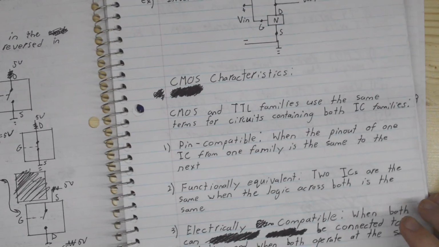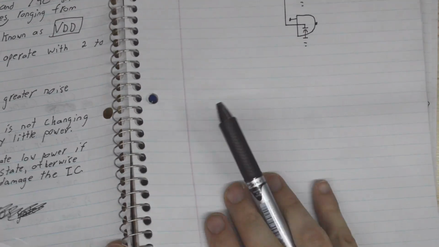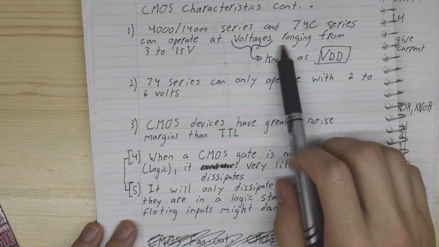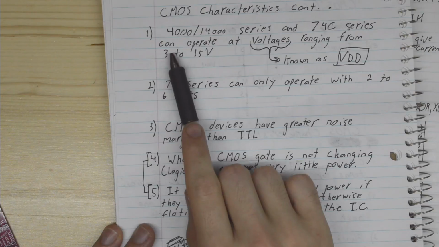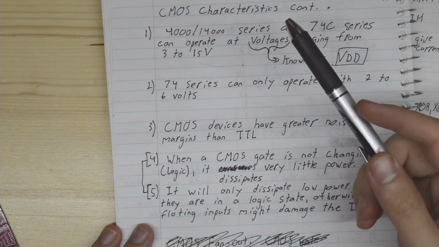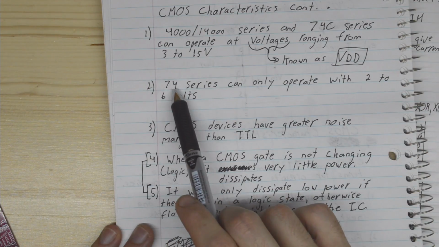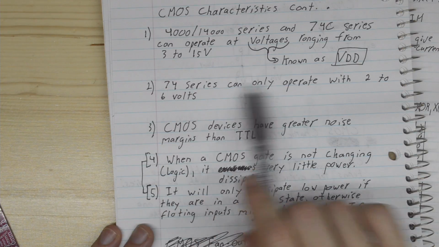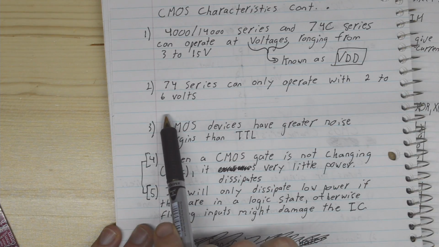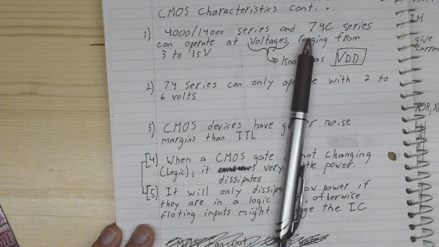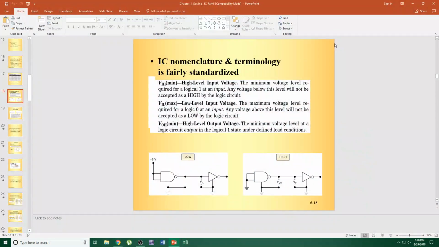CMOS, of course, it varies. Look at the characteristics of it. It can go from 3 to 15 volts, as opposed to 74 series, which can output 2 to 6. So, it's basically the idea.